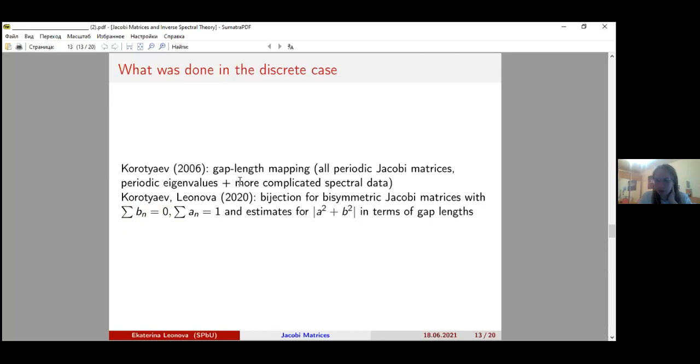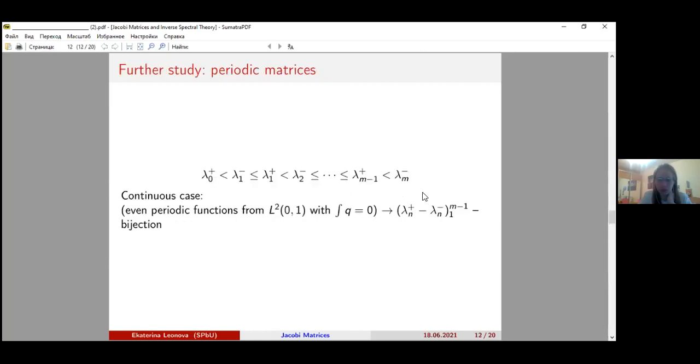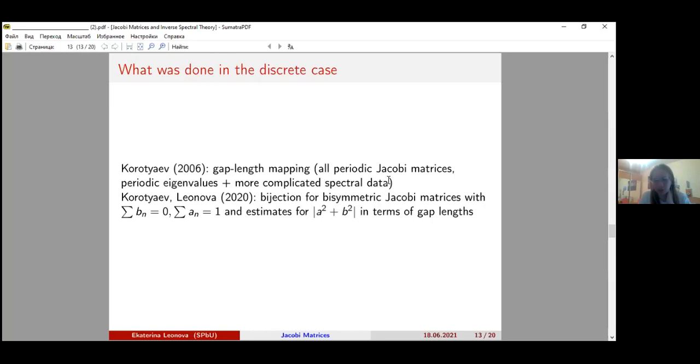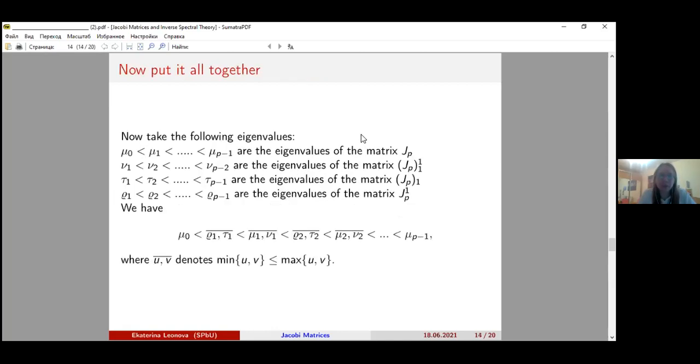Then we have a similar bijection, and we can also have some estimates for the size of a squared plus b squared. This q thing, the a and b thing in terms of matrices, is usually called a potential. So we can estimate the size of the potential in terms of gap length.